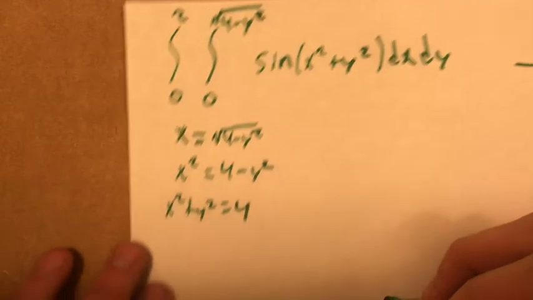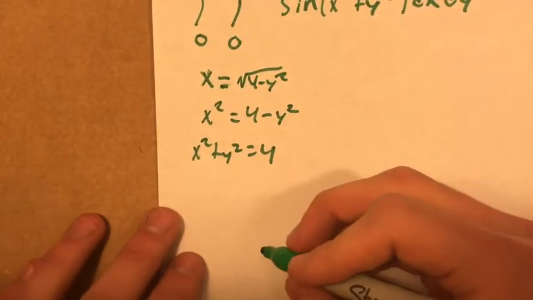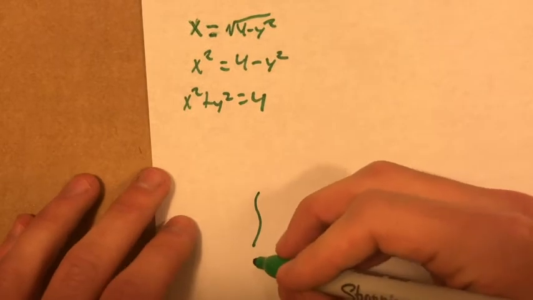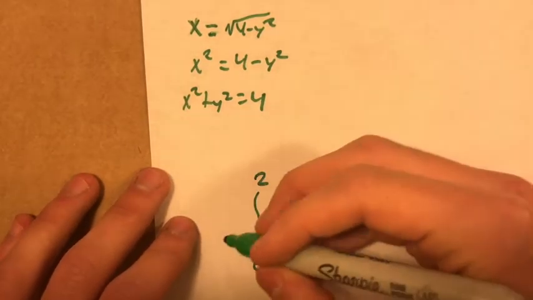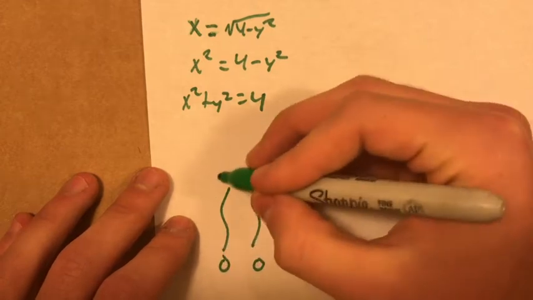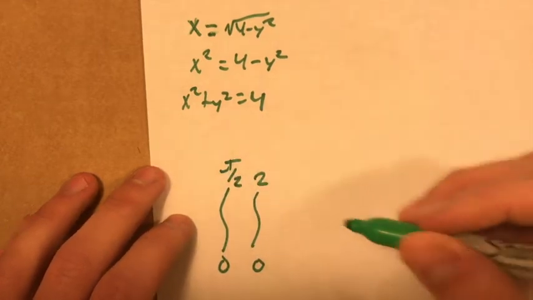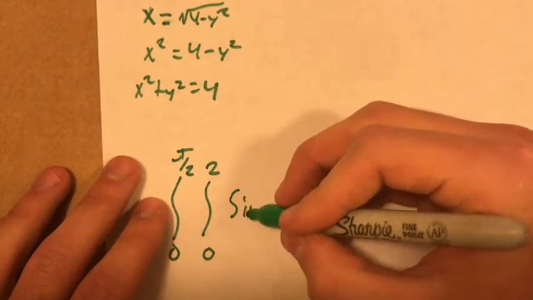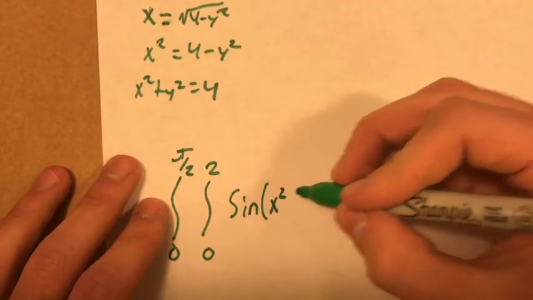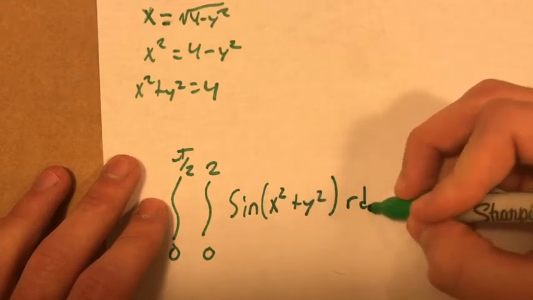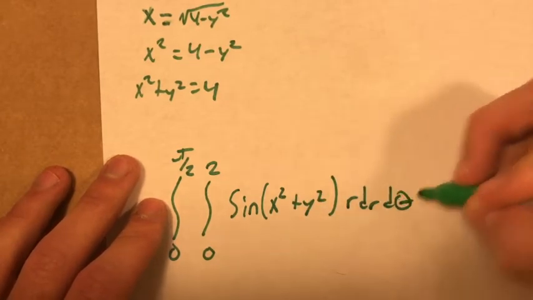So if we rewrite this, in terms of r, 0 to 2, in terms of theta, 0 to pi over 2, and then we're going to have sine of x squared plus y squared r dr d theta.